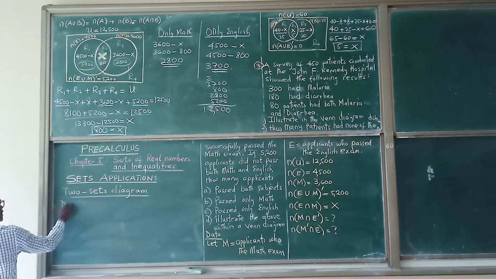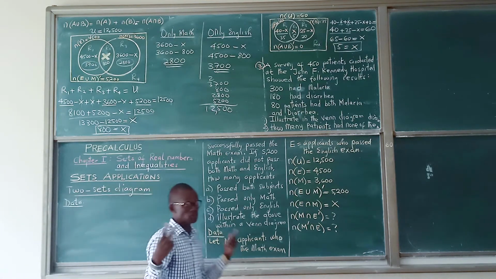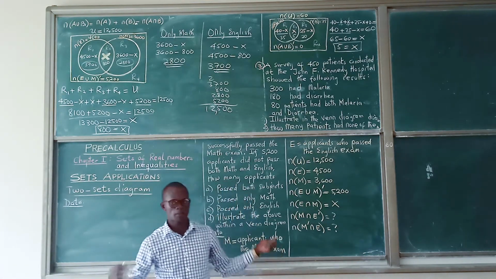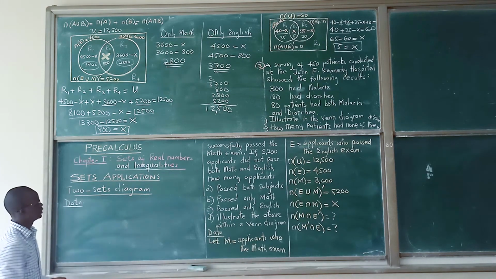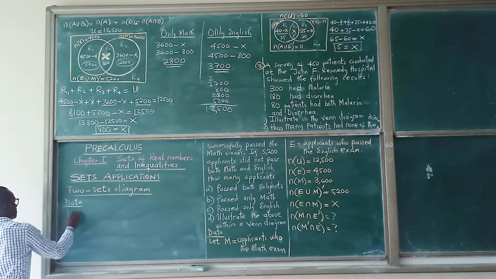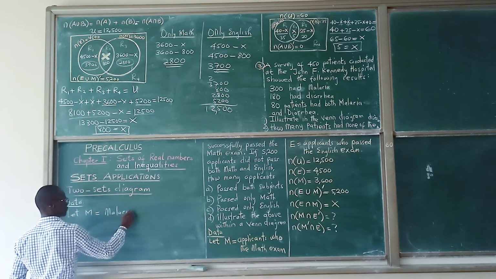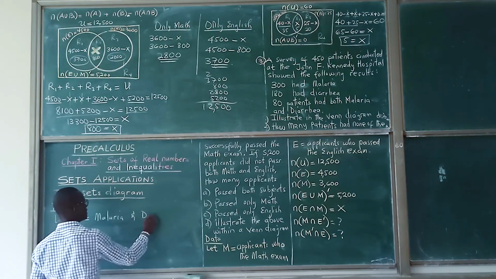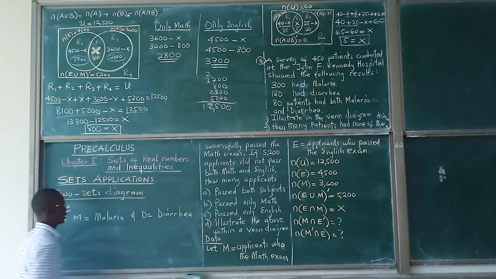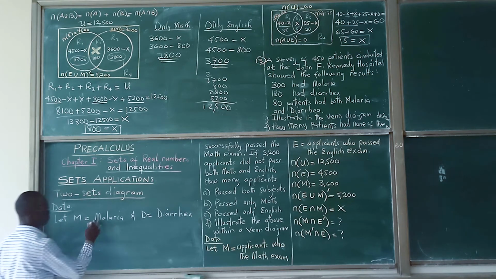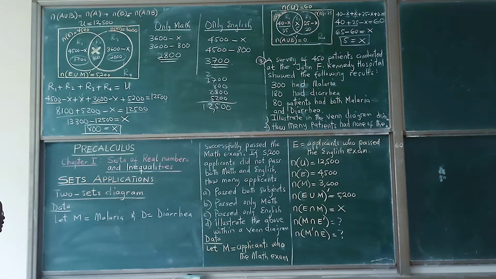So the first thing, again, we collect our data representing what we were asked for with some unknown variables. Since we have malaria and diarrhea, let's say M equals malaria and D equals diarrhea.